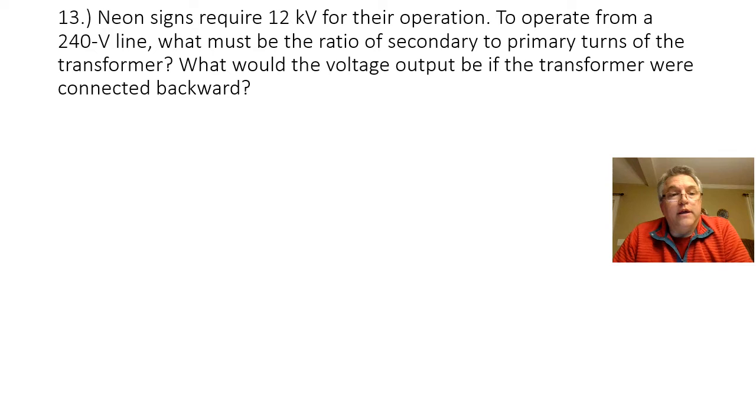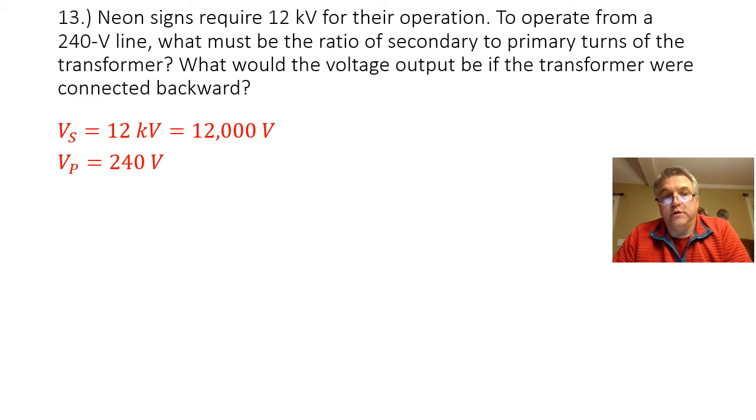We're given the secondary voltage of 12 kilovolts, which equals 12,000 volts, my primary voltage of 240 volts, and we are looking for the ratio of secondary turns to primary turns in the transformer. And then the second thing that we need to find is the secondary voltage if the transformer is connected backward.